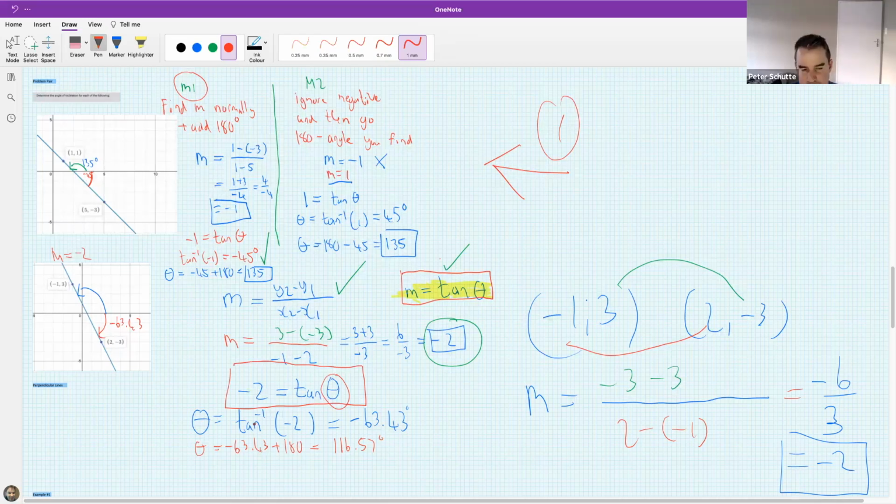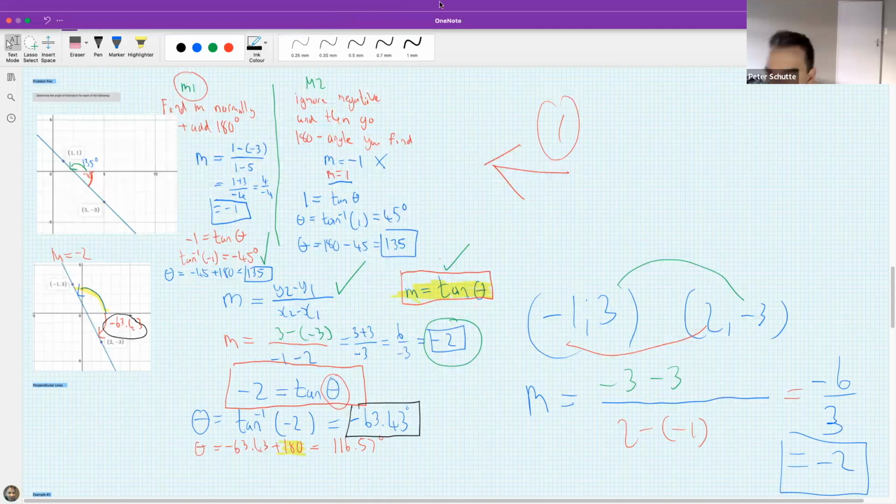I go shift tan, I get tan of -1 of -2, and I get this angle. But the problem is that angle is the angle with the x-axis that is going to the negative direction. I would like one up here. And all I need to do is add 180 to do that. And then I'll get my angle. Okay, I understand. Cool.